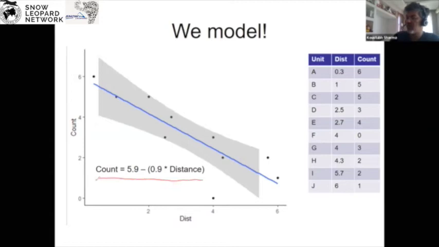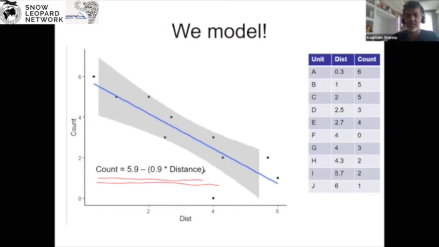Okay. Now, what does that mean? We'll just do a simple exercise right now. What I'm saying is that for every distance, if we multiply that distance by 0.9 and subtract it from 5.9, I'll get a count. Honestly, when I first did these models many years ago, I almost found this magical.